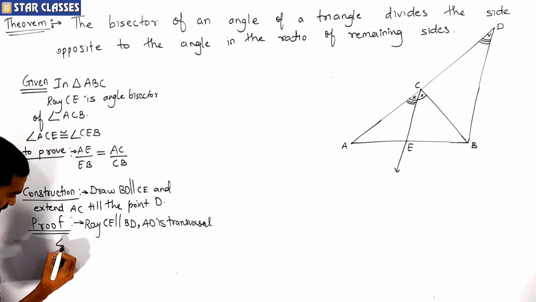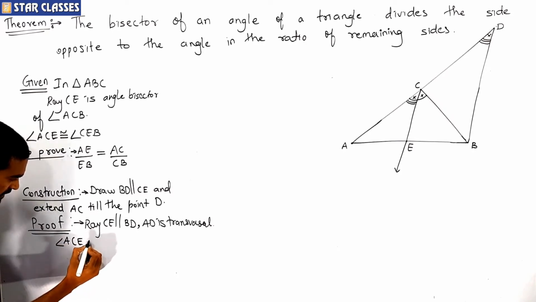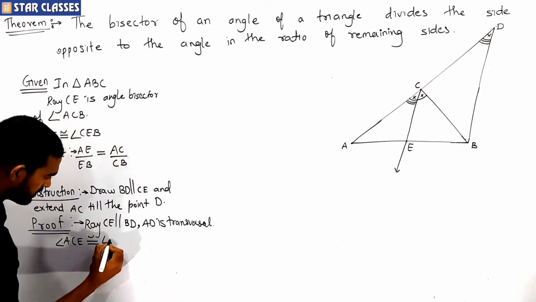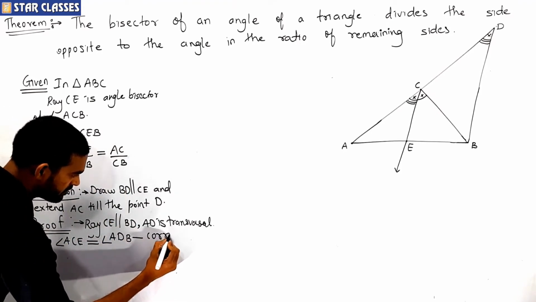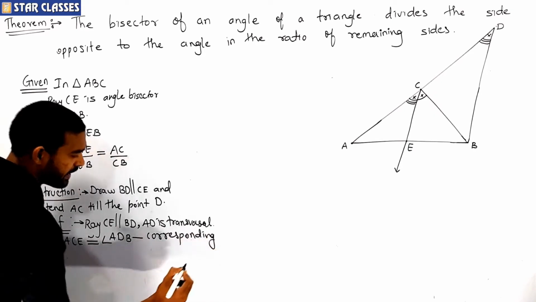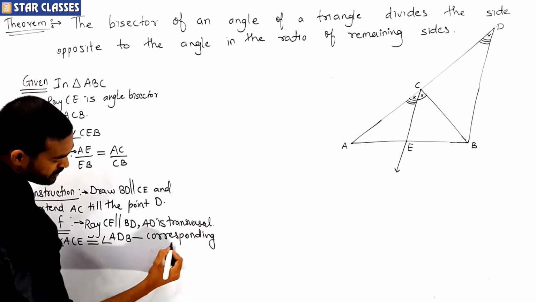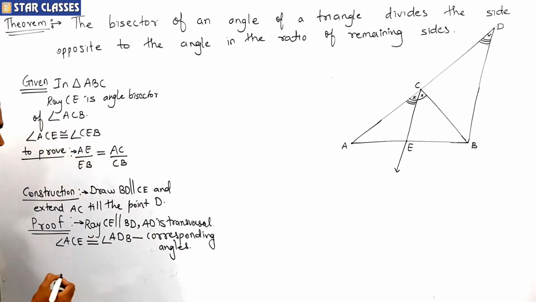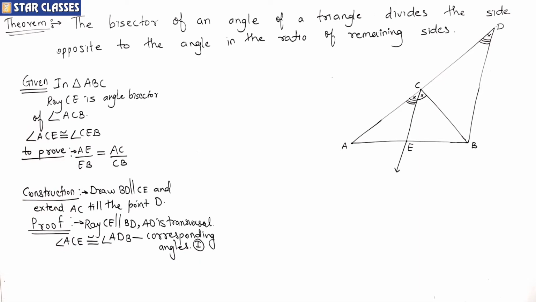So we'll write here angle ACE is congruent to angle ADB, and the reason is F. F will give you fish. Fish means corresponding angles. Correct? And this will be equation number 1.